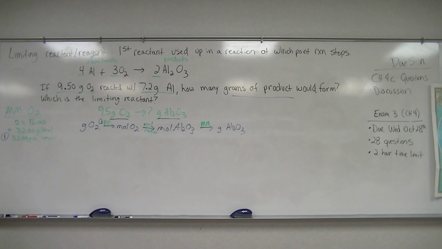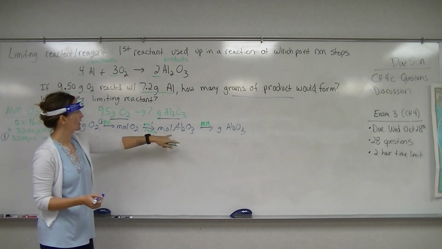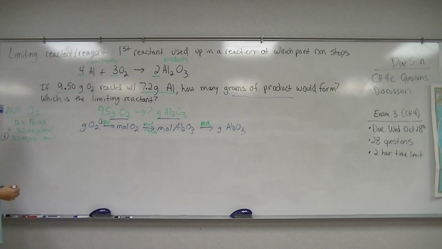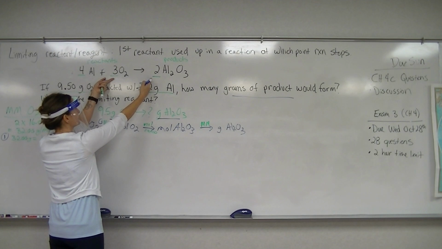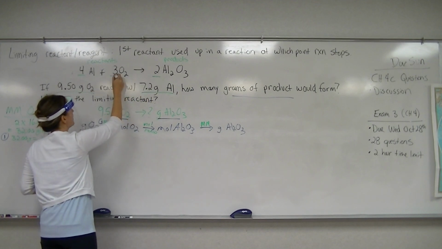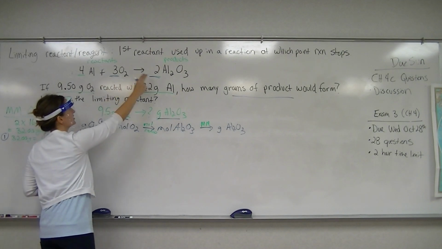Now for the second step, right here, once we're in moles of oxygen, we want to get to moles of aluminum oxide. We need the mole ratio. To figure that out, find the two elements or compounds that you're comparing and look at their coefficients. So I have oxygen and aluminum oxide, so a 3 to 2.